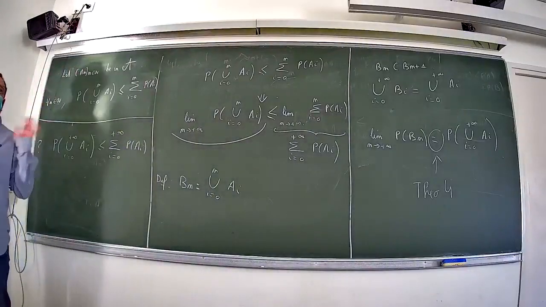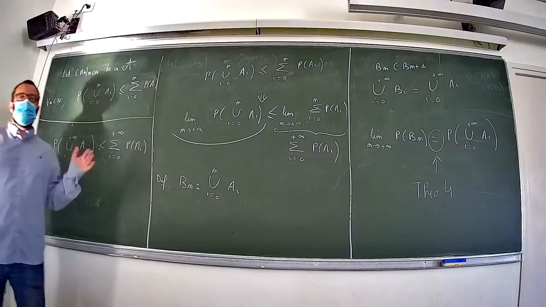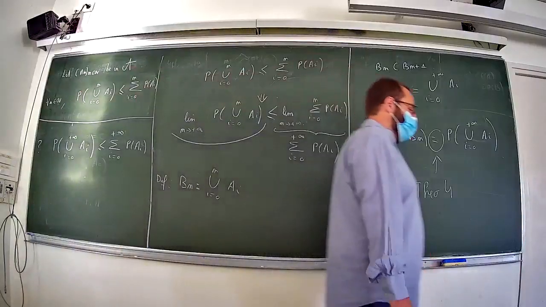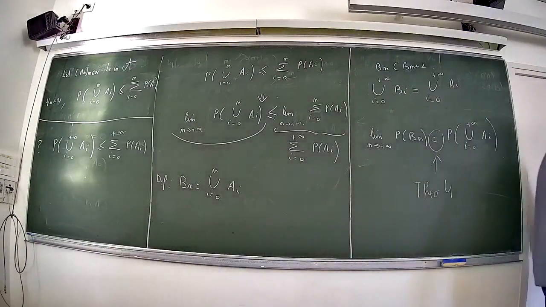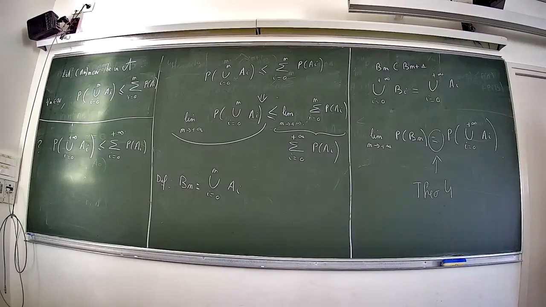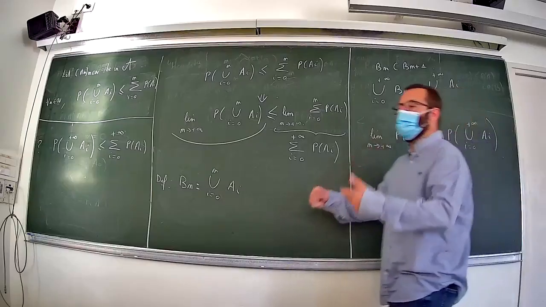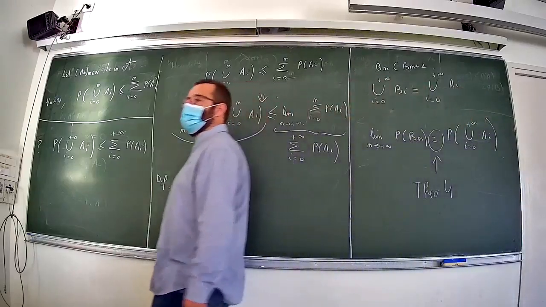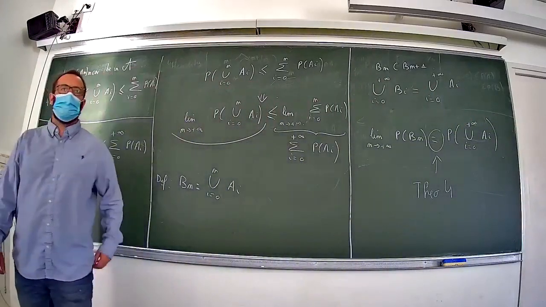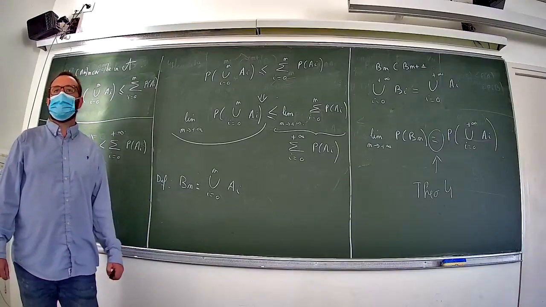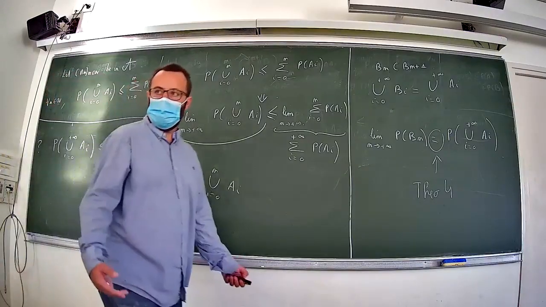So concerning the basic definition of a probability, it will be finished for the course here. A probability will be for me something such that P of omega is 1 and which fulfills sigma additivity. That is, if I have a sequence of pairwise disjoint sets, the probability of the union is equal to the sum of the probabilities. I know that from this definition, I have these basic properties that we can use.